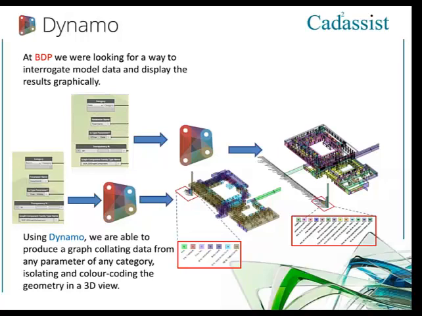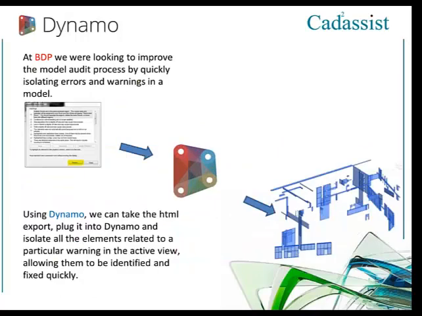So here they're showing us an example of being able to use Dynamo to produce a graph collating data from any parameter, any category, and isolating that information, color coding it, and then showing it in the 3D view. So data that they don't want is transparent. Data they do want is color coded in a certain way and then represented this way. So saving them a terrific amount of time.